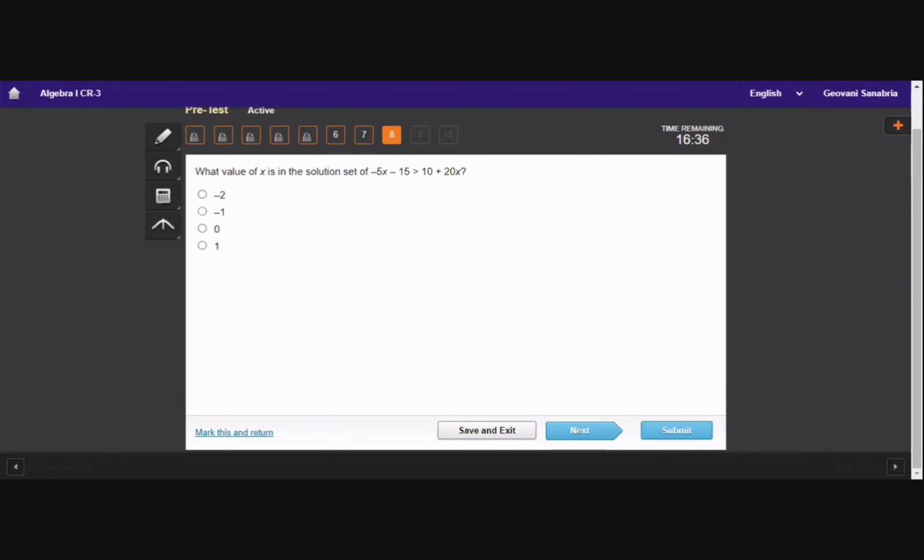Now again, negative 15 greater than 10 plus 40 plus 15x. It should be plus 25x because you had to add the 5x over. Oh, okay, and that takes away the negative. Yeah.